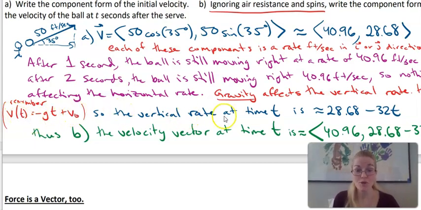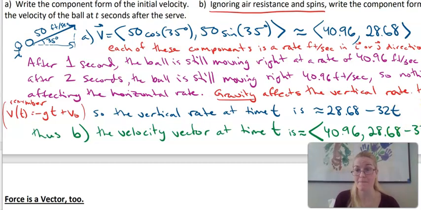So the vertical rate at time t is initially 28.68 feet per second, but because my rate is in feet per second, I'm going to use g, gravity, as 32 feet per second squared. So think about it, feet per second squared times time in seconds is going to give me the rate of feet per second. So after 1 second, the ball is already moving downward again, right? 28 minus 32 is a negative velocity. It's already moving back down.